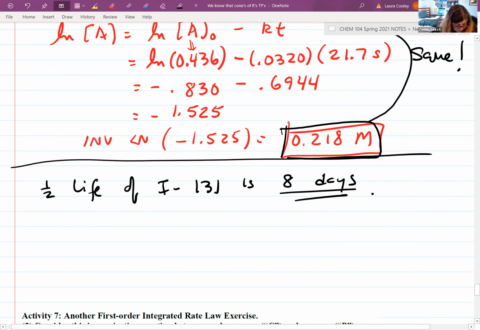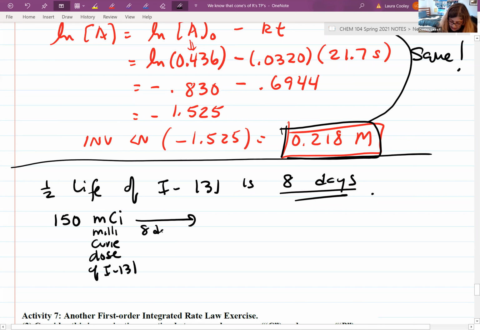So if I was given a 150 millicurie dose of iodine 131, after 8 days, it's 75. Another 8 days. Well, the question is, what is it after 32 days?